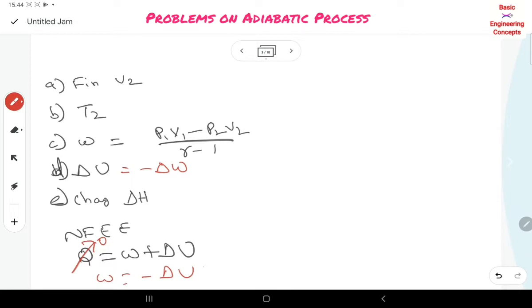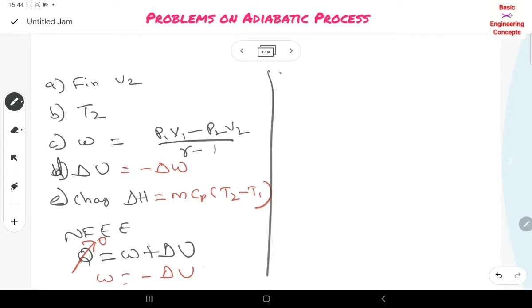Enthalpy you can calculate as m Cp into T2 minus T1. So this is the plan. Now we are going to the solution.